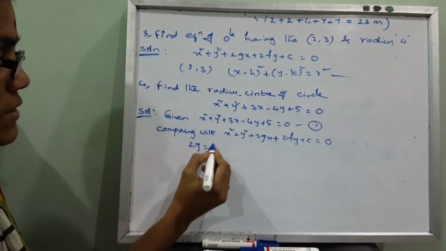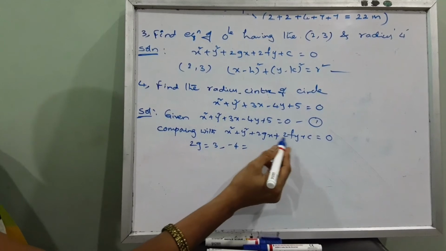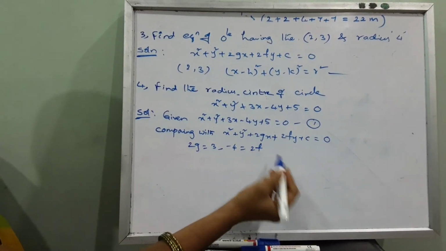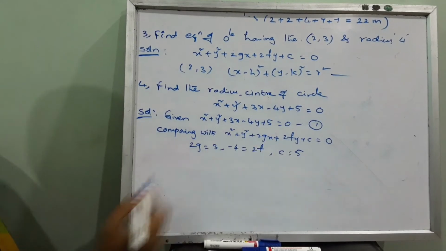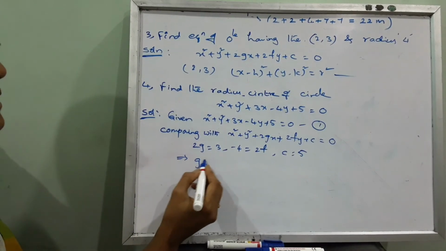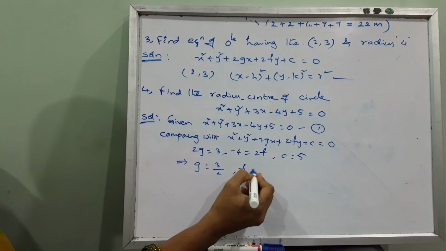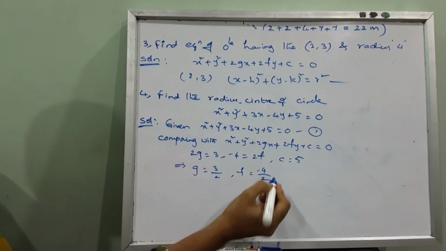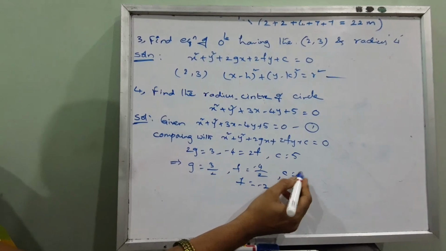Then 2g is equal to 3. And the y coefficient is minus 4; here the y coefficient is 2f. Next, c is equal to 5. From this, g is equal to 3 by 2, and f is equal to minus 4 by 2, which is minus 2, and c is equal to 5.